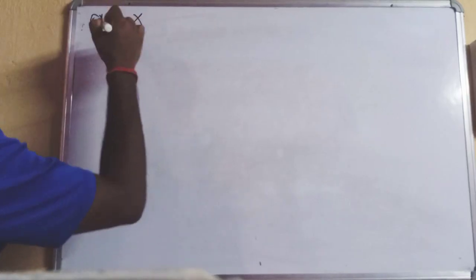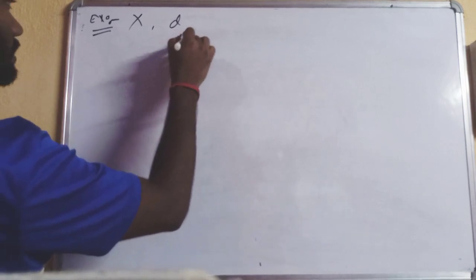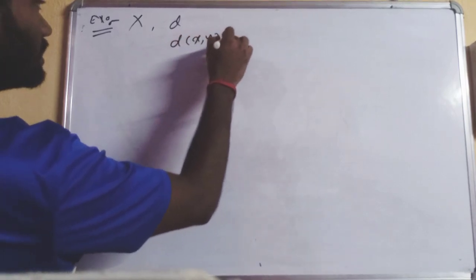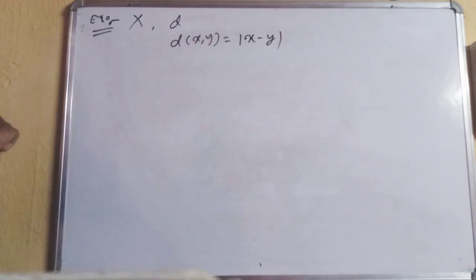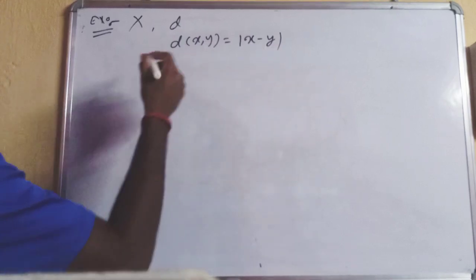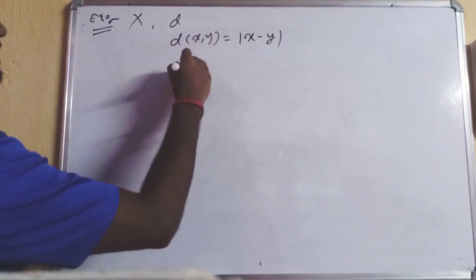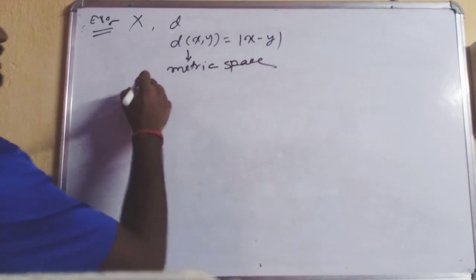Suppose X is any non-empty set and d is its metric defined by d(x,y) equals modulus of x minus y. Then this is the distance function and this forms a metric space. You can check it easily.